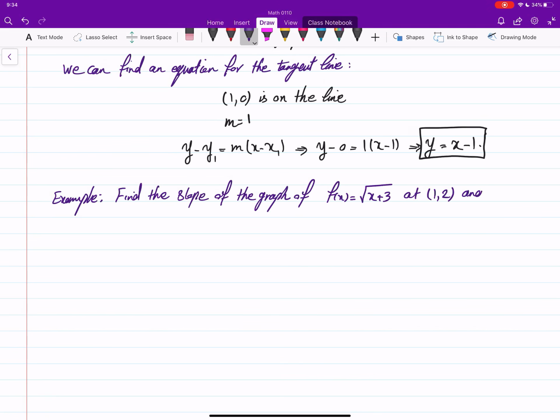And also write an equation for the tangent line to the graph at that point.